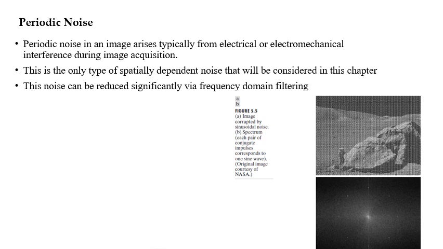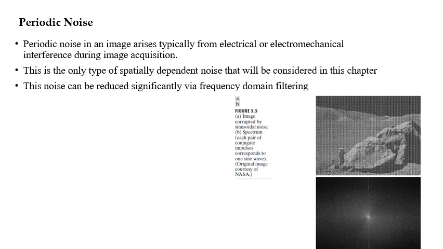But I told you that there is one exception in this chapter, which is the periodic noise. Periodic noise usually is a result of electrical or electromagnetic interferences. When we speak of electromagnetic interferences, it could be in terms of sinusoidal interferences, which can occur during image acquisition.